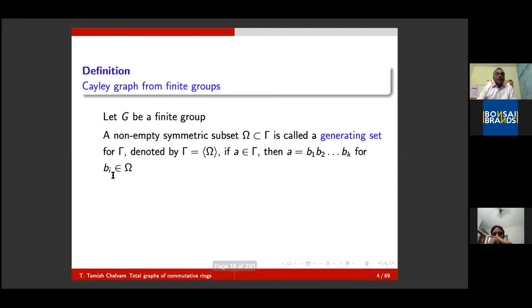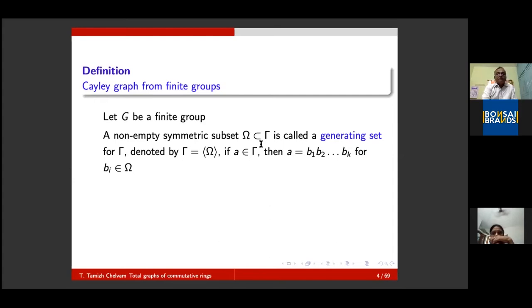You take a finite group; a subset of a finite group is said to be a generating set, provided every element in this group is a product of elements in the generating set. Of course, you recall that in the case of cyclic groups, the generating set contains a single element.